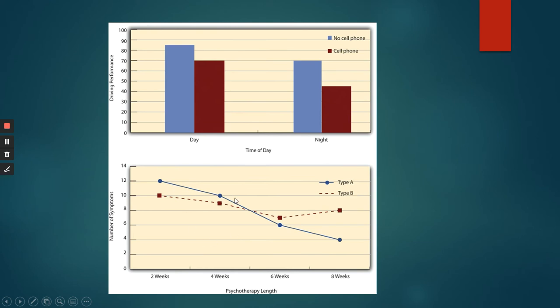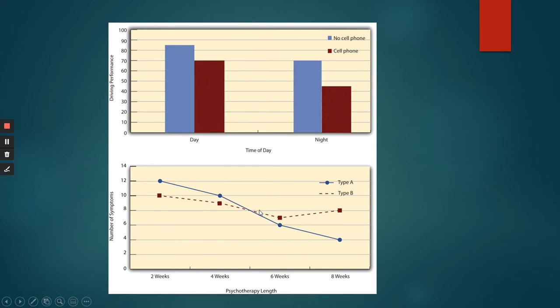So I'm going to look at this blue line, the type A, and I'm going to guess the average is around here. And I'm going to look at the type B, and look at where the average is. I'm not looking at time, just averaging those 4 points. I'm guessing it's around there also.